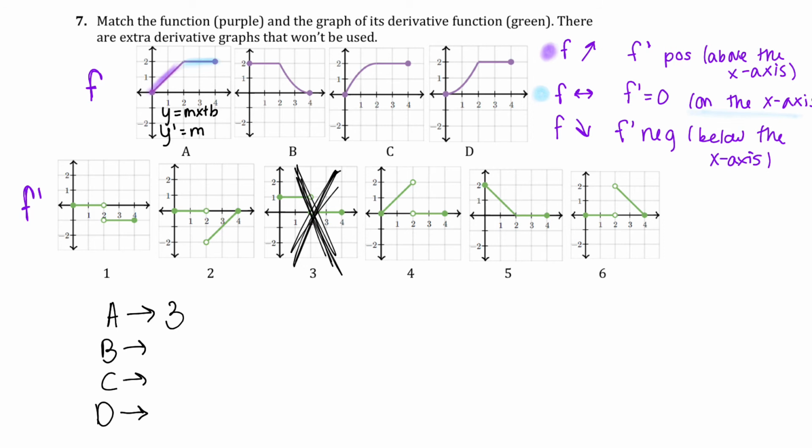For part B, you start off constant, right? You start off constant, which means that you should be on the x-axis. So from 0 to 2, you should be on the x-axis. That's this one, and this one. So we can cross out these guys because you're not on the x-axis in those parts.